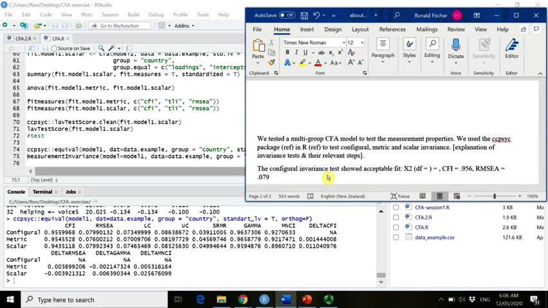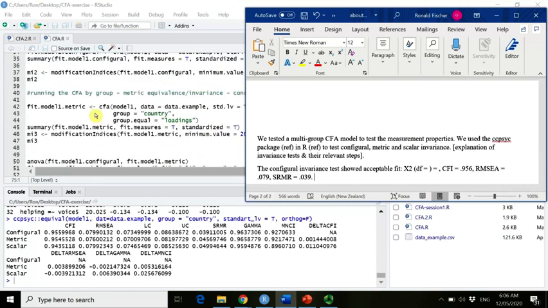So the RMSEA is there. Then we want to also look at the SRMR. The SRMR is 0.039, so pretty good.